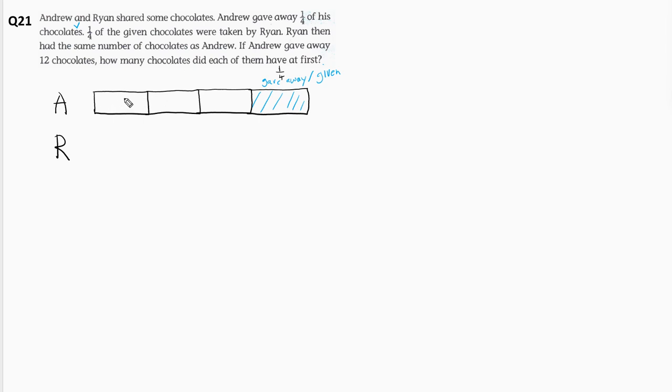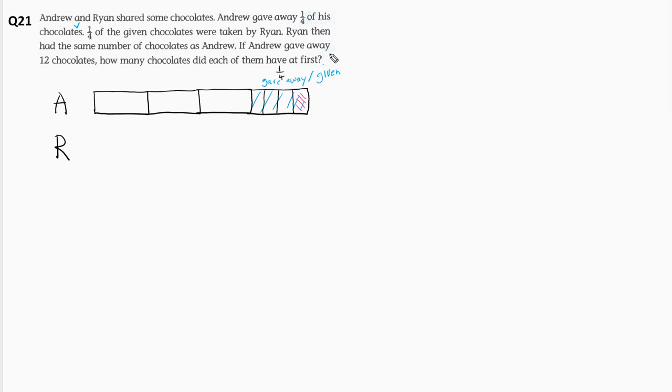So Ryan didn't take a quarter of Andrew's chocolates. He took a quarter of the given chocolates. So what I'm going to do is divide this portion here. This is the whole that we're talking about now. I'm going to divide that into quarters. And we can imagine that this is the bit that was given to Ryan.